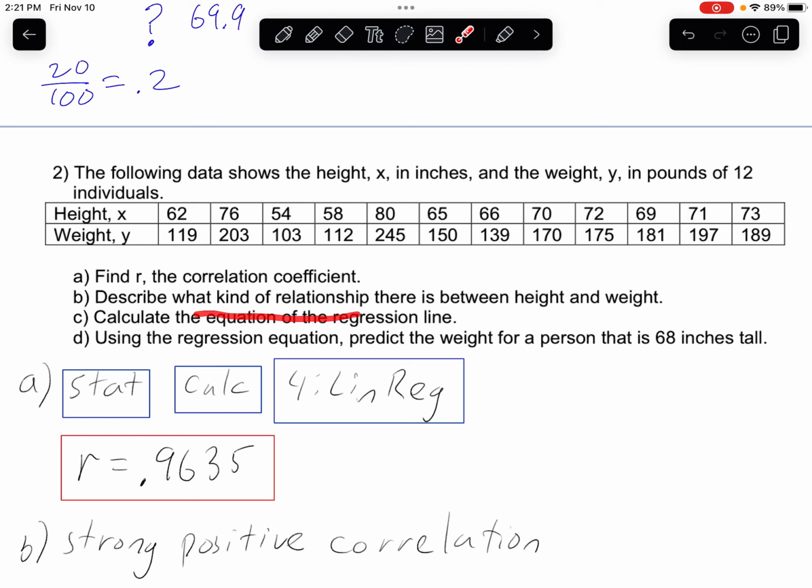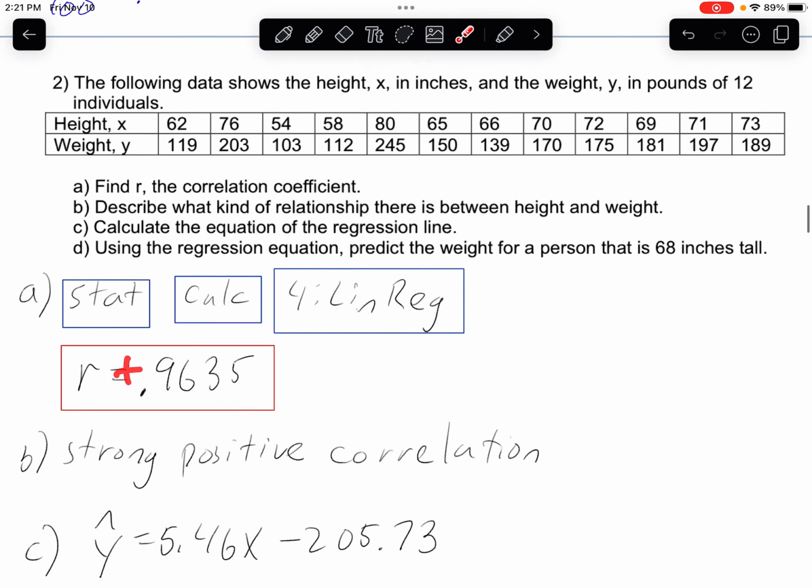And this is a strong positive correlation. Describe the kind of relationship: this is a positive correlation because this is a positive number. This is a strong relationship because 0.7 up to 1 indicates a strong relationship. So it's two parts: how close this number is to 1, and whether it's a positive or negative number.